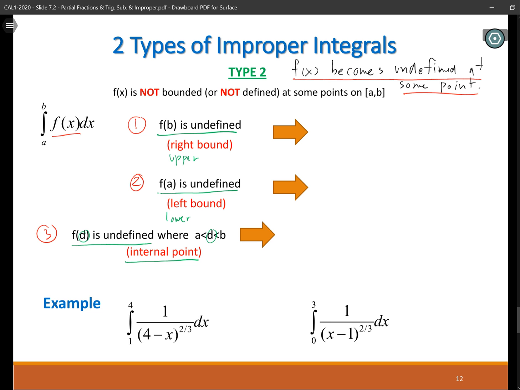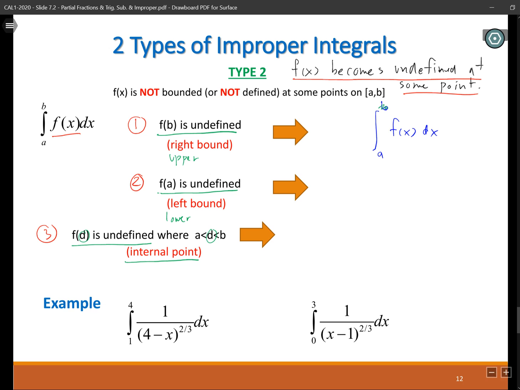So what do we need to do? What we need to do here is to put limits in again. So let's take a look at scenario 1. So here we used to have this. Well, I'm going to put a and b just before f(x) dx. But in this case, this b is going to be a problem.